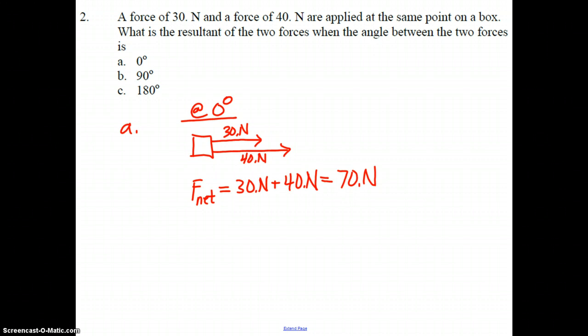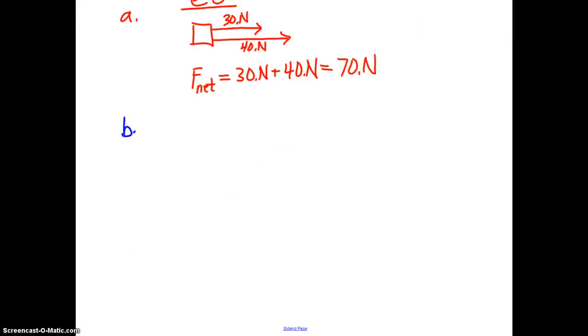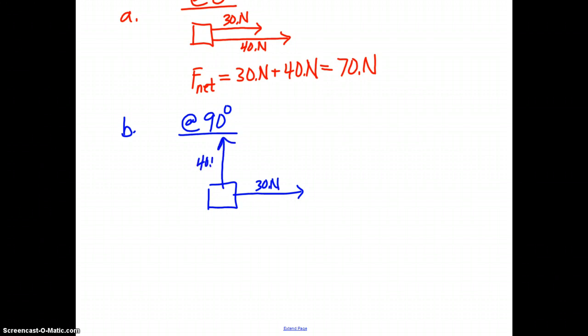Okay? B, what if these two forces are at 90 degrees to each other? Let's draw our box. Pick one, 30 newtons, and pick another 40 newtons, but make sure the two of them are at 90 degrees to each other.